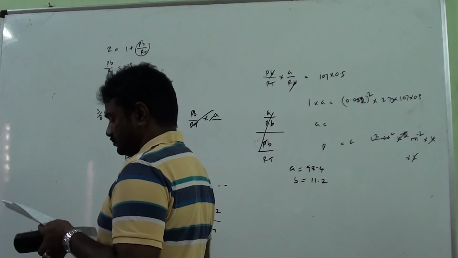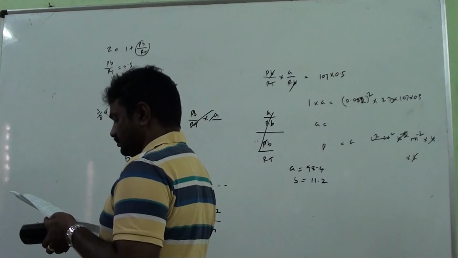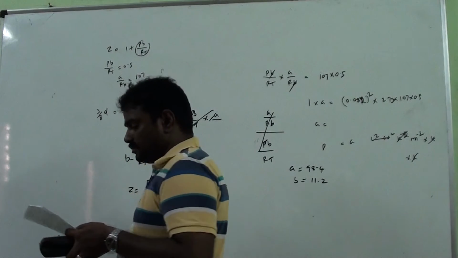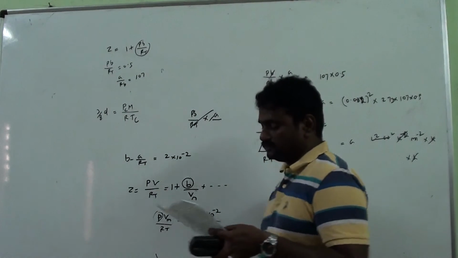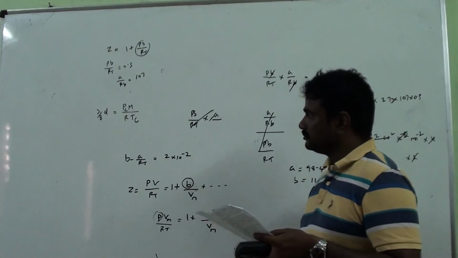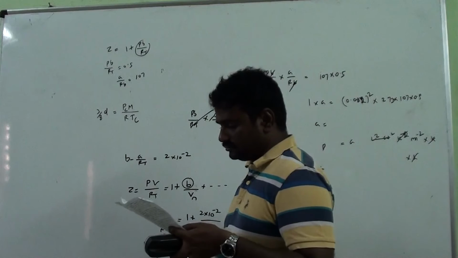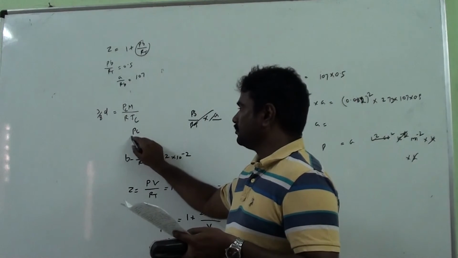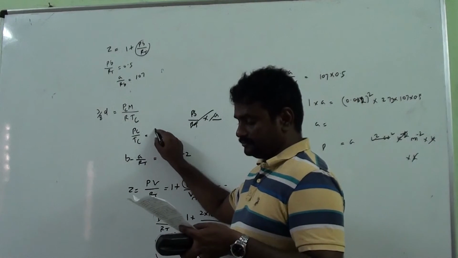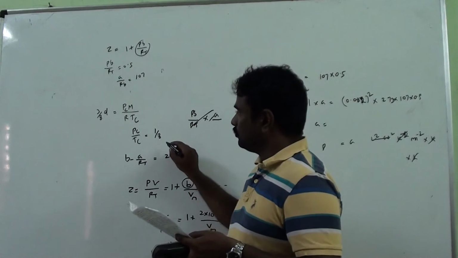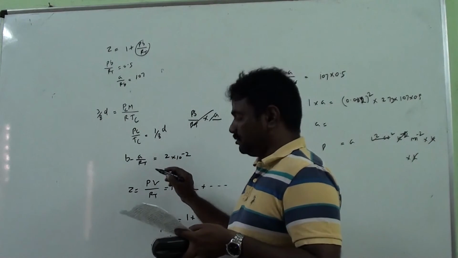Yes, sir. Critical density, 3 by 8 into d. Pc by Tc comes as 1 by 8 Pc. Pc by Pc is 1 by 8 b. 1 by 8 b, sir.